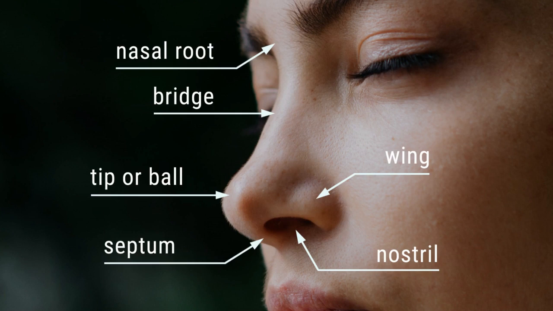The nasal root attaches the nose to the forehead. The bridge connects the root to the nose bowl. The bowl is connected in the middle to the septum and from sides to the wings of the nose. The wings form a rounded eminence around the nostrils.